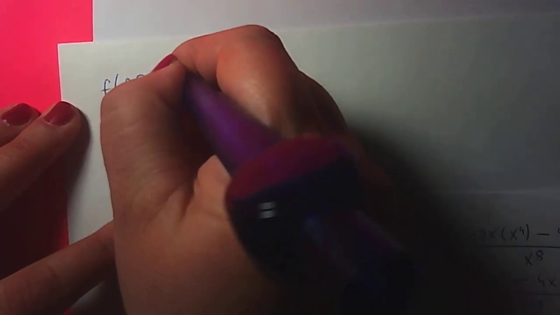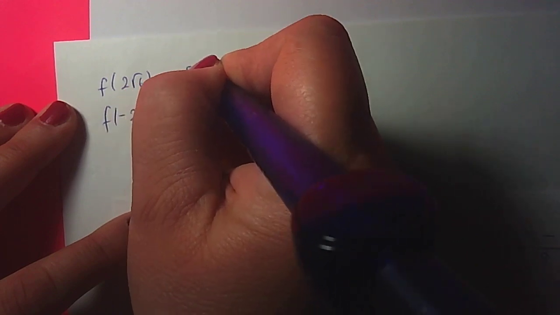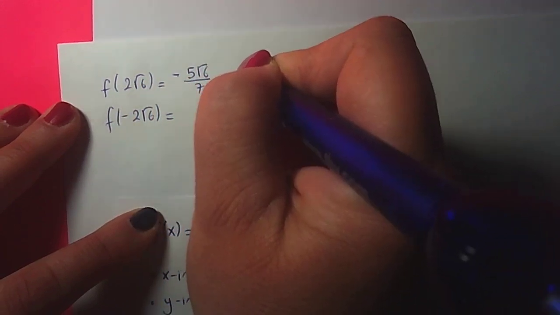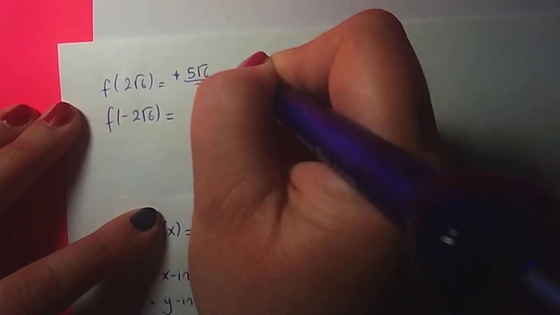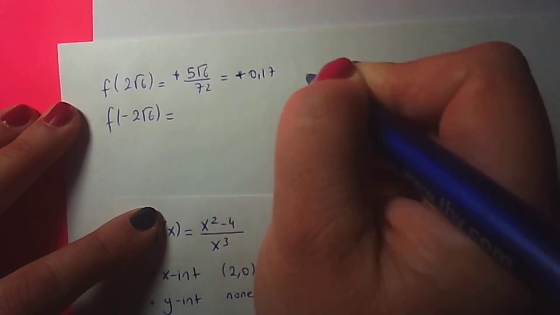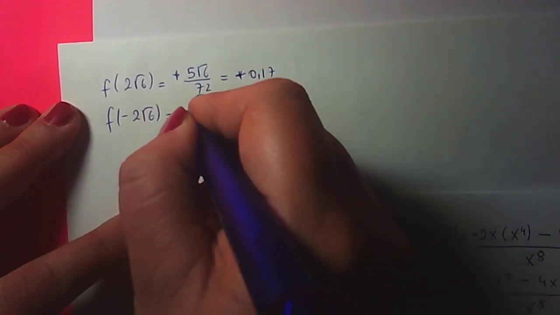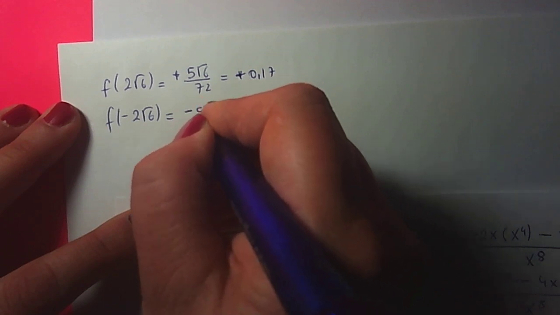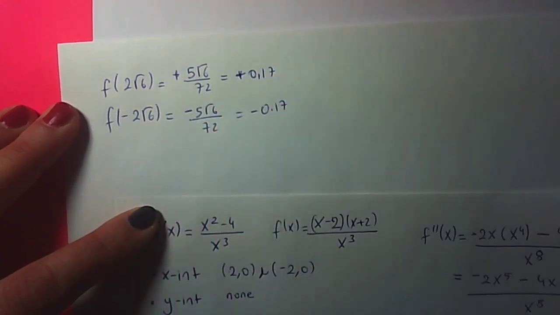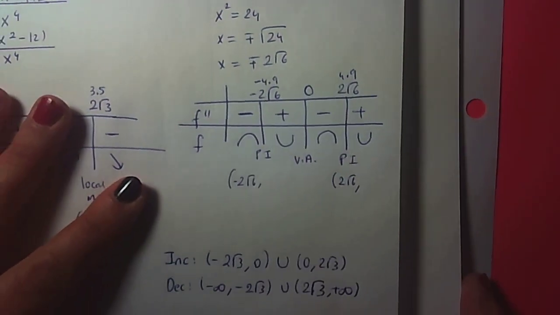If you do that, you get negative 5 root 6 over 72, or as a decimal value, you get, oh, that's positive, okay, so positive 0.17. And if you substitute negative 2 root 6, you get negative 5 root 6 over 72, or negative 0.17. So those are my inflection points.